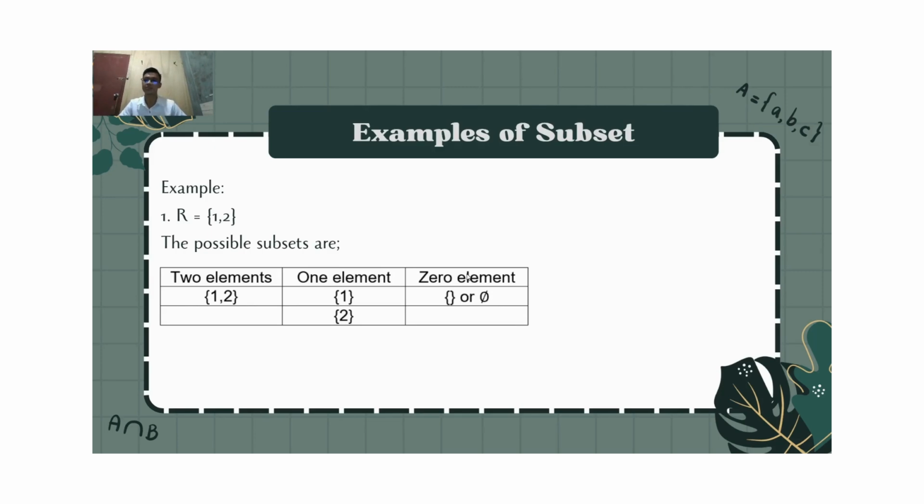Number one, we have set R, which includes 1, 2. The possible subsets are: two elements, which is 1, 2; one element, either 1 or 2; and zero elements, which we can call an empty set. There's nothing included in the braces. It is called a zero element.